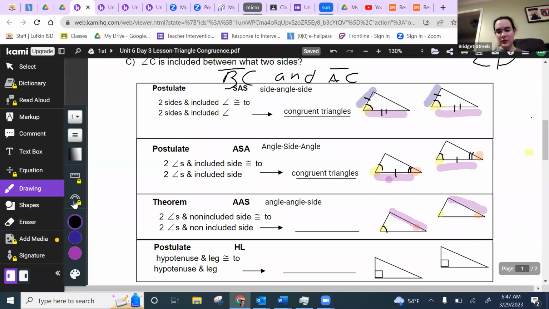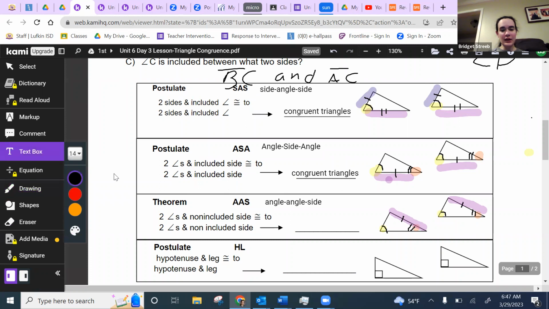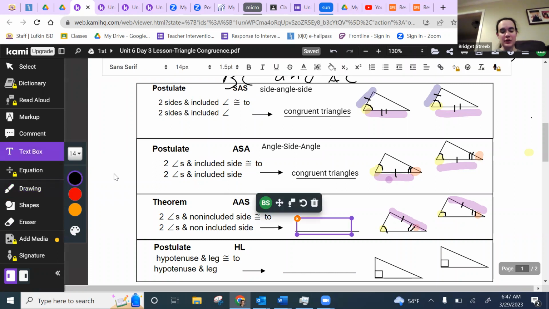So again, you'd have arc marks in the angles and tick marks on the sides. Again, this shows that you have congruent triangles.